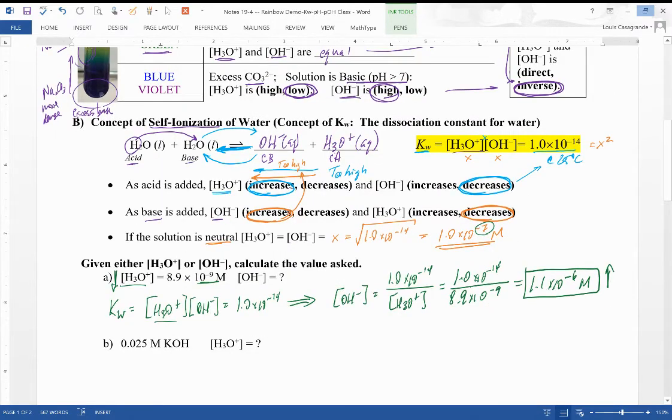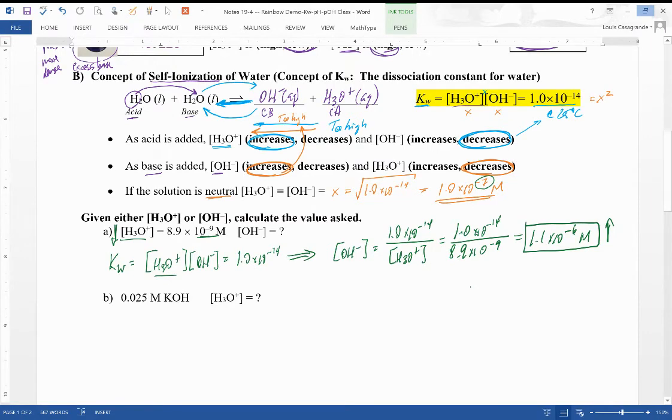We can do the same thing to solve for the hydroxide concentration. Now, in the homework, I'm going to give you something like this, where I give you the concentration of a strong acid or a strong base. In this case, the strong base, in a strong base, the hydroxide concentration is equal to the concentration of the base.